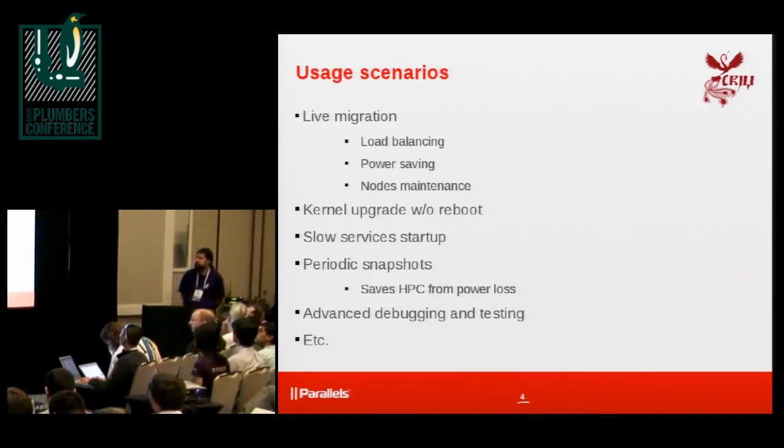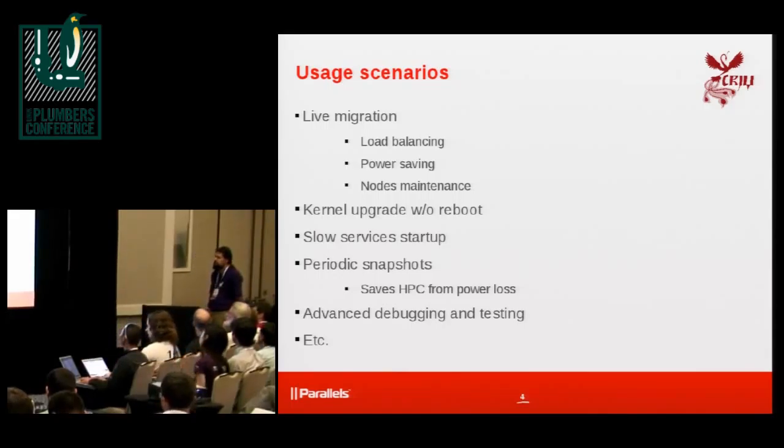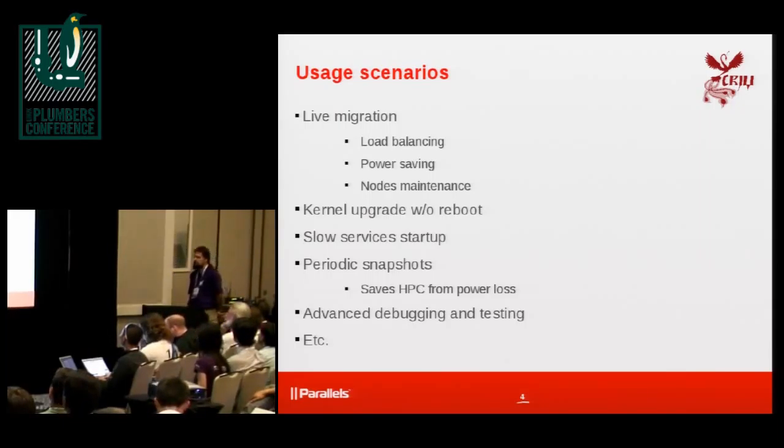But while the project was growing, people came up to us with various other scenarios. For example, some guys already use CRIU to speed up starting of Java stuff. It starts slowly but restores from images up to 100 times faster.